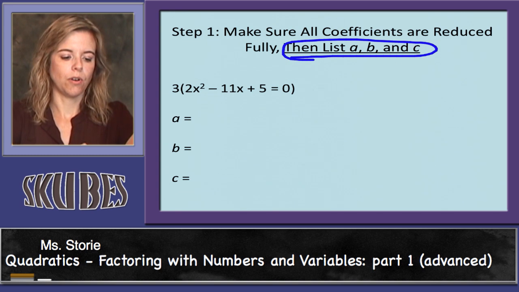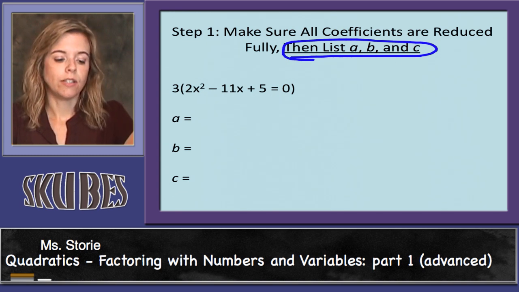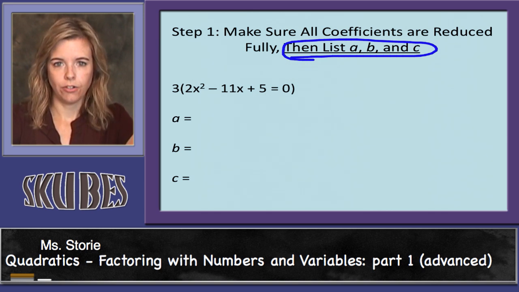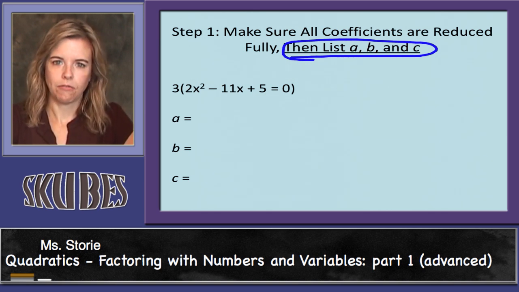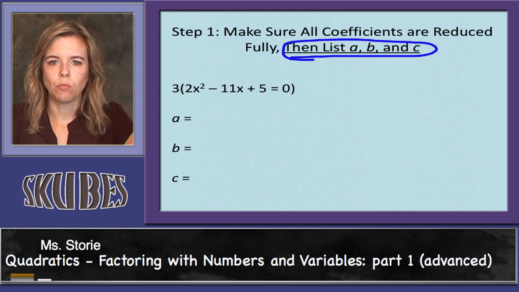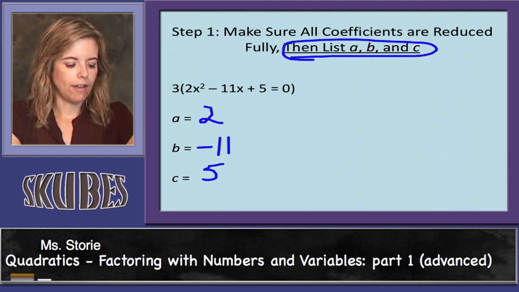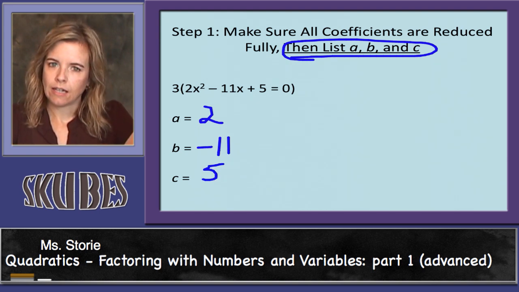Then, after you make sure that they're all reduced, you can just list out A, B, and C. Seems kind of silly, but if you don't list them out, you're going to go cross-eyed trying to find numbers halfway through. If you list them out, you can see them right there, and it's really quick and easy to find. So your A value is 2, your B value is negative 11, and your C value is 5. Notice how I took the signs with them.